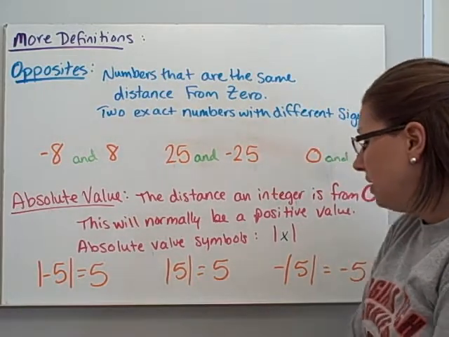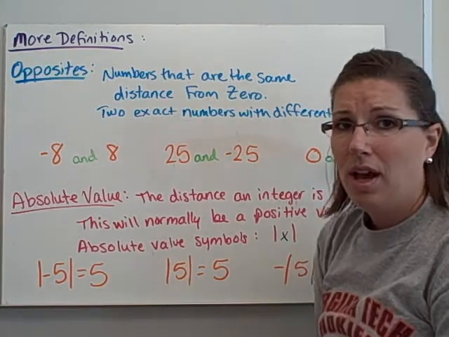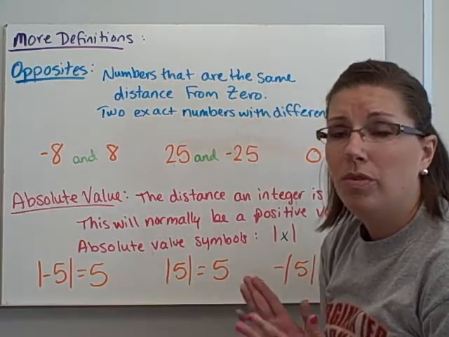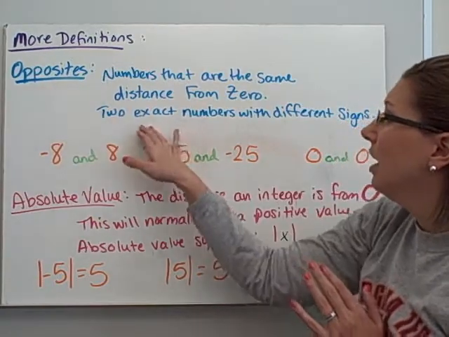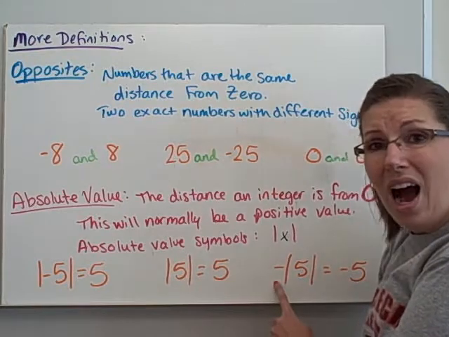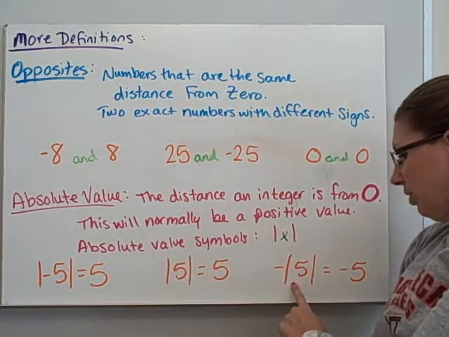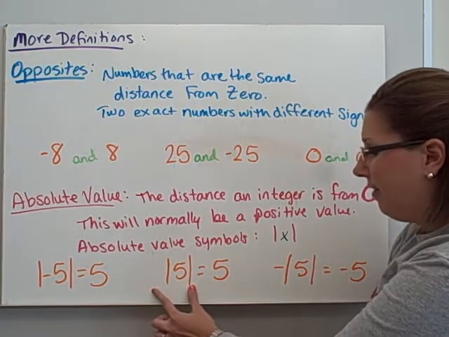Now sometimes we have a negative on the outside of the absolute value symbol. Remember, an opposite is that number but with a different sign. Well, this can be read as the opposite of the absolute value of 5. What was the absolute value of 5?